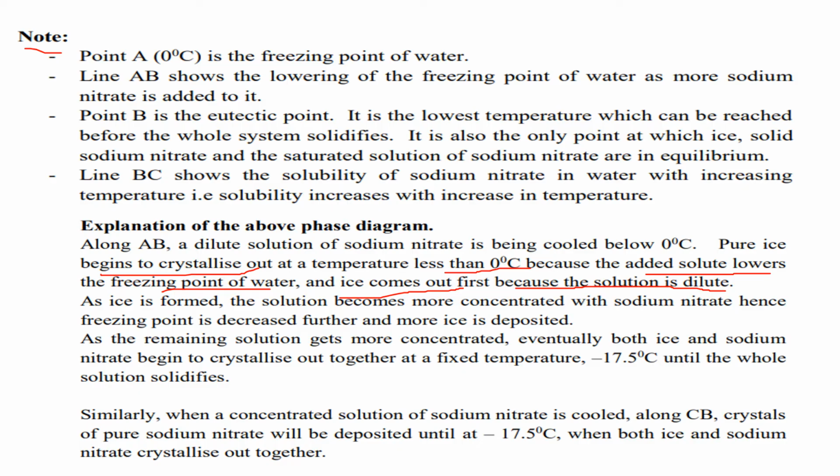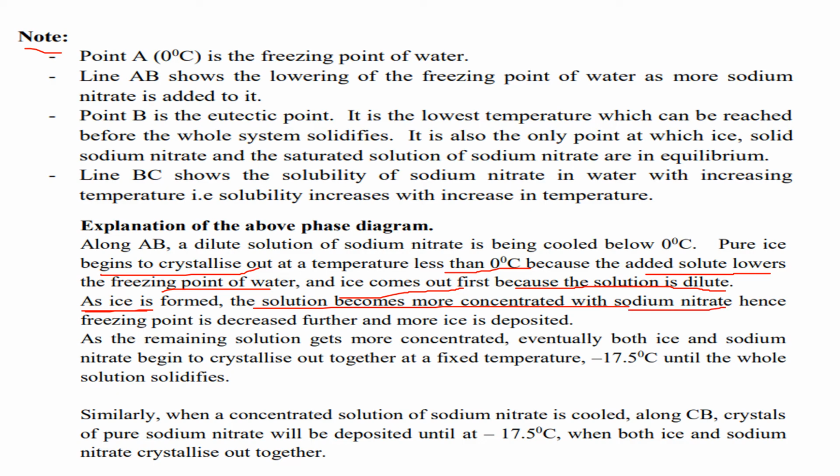So we are saying that as ice is formed, the solution becomes more concentrated. This is because water is crystallizing out. That's the ice which is being formed. And they say that the component that crystallizes out, the liquid mixture now becomes richer in the other component. That's why we are saying that the solution becomes more concentrated with sodium nitrate, because the other component is sodium nitrate.